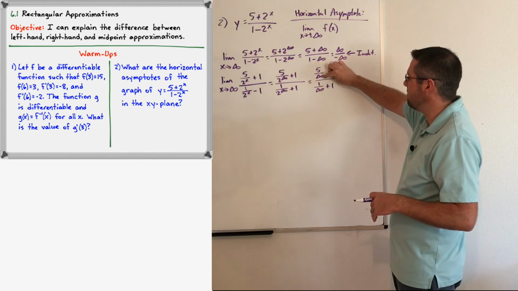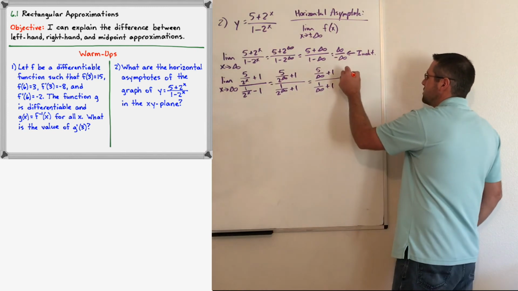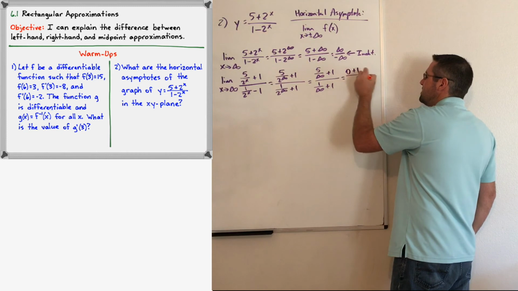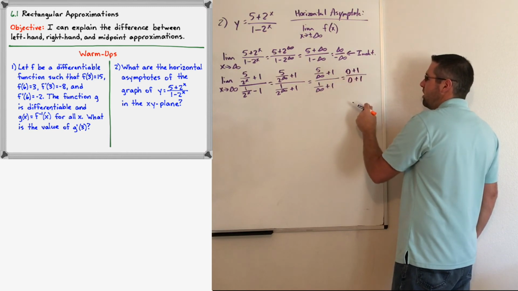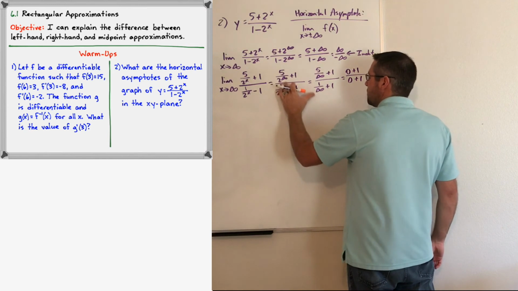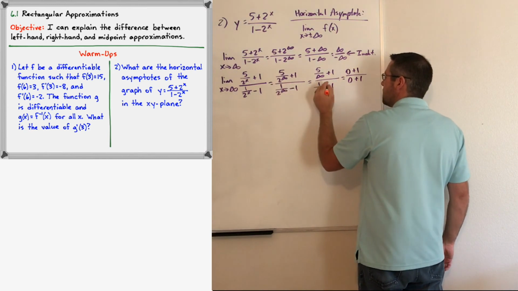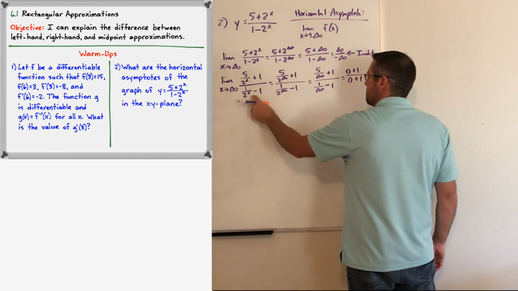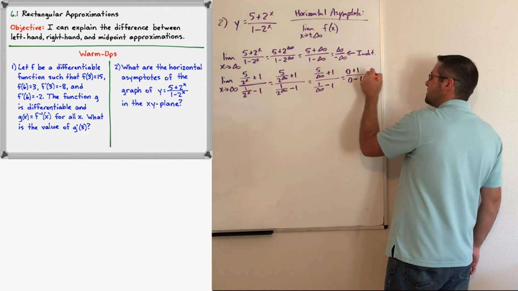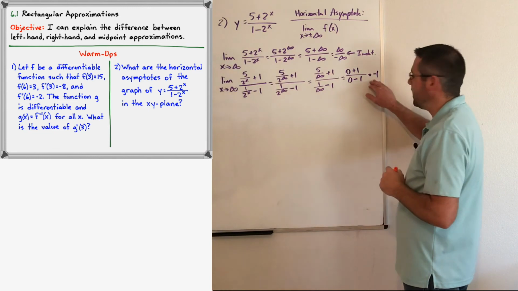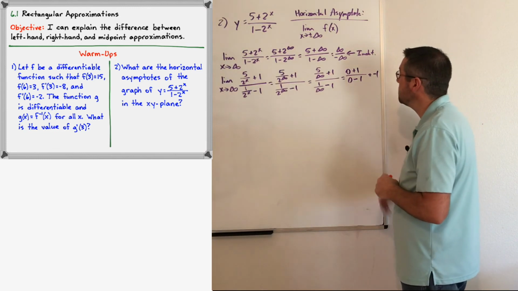So 5 divided by a really large number is 0, and 1 divided by a really large number is 0. Oops, I carried over a plus sign; it should have been a negative here. So we have 1 over 2 to the x minus 1, and we can simplify this to negative 1. So there's one answer for us, and we'll put it in proper notation in a minute.